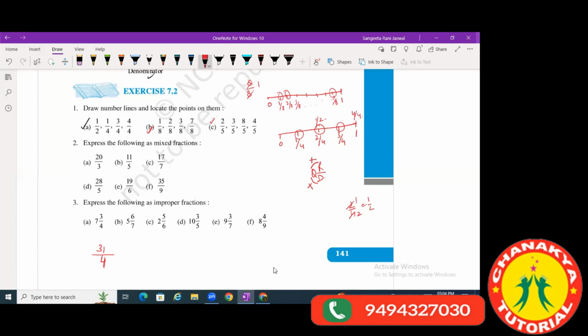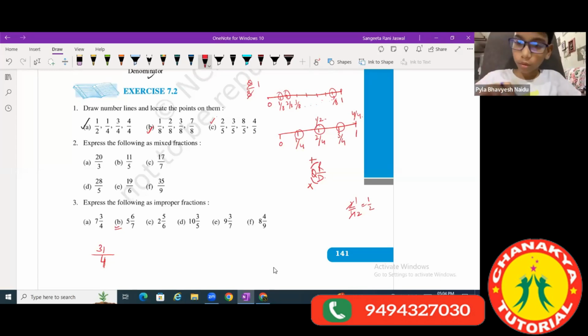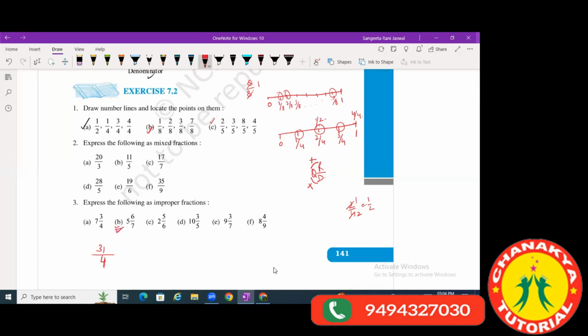Okay, tell me your answer for the B part. Neha, tell me the answer for the B part. Ma'am, which B? B part. Question number 3, B. Tell me, Neha, what do you get for the B1?